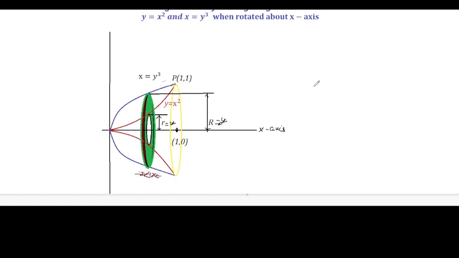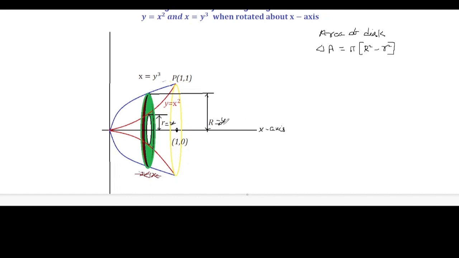Now, if we're trying to find out the area of the disk, which can be denoted by delta A, then as this is a hollow disk, it will be pi times the outer radius capital R squared, minus the inner radius small r squared.